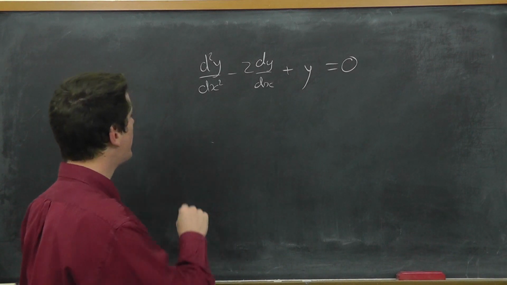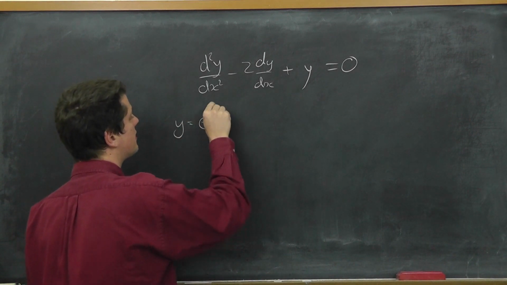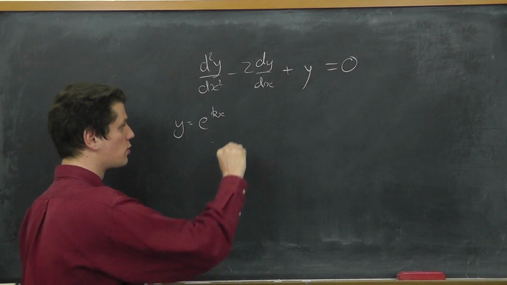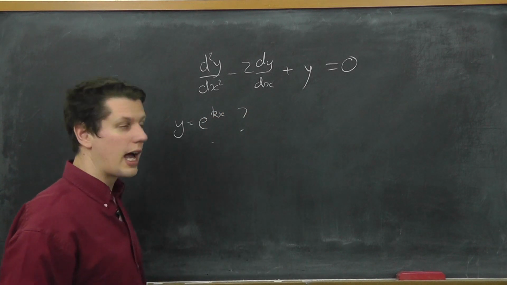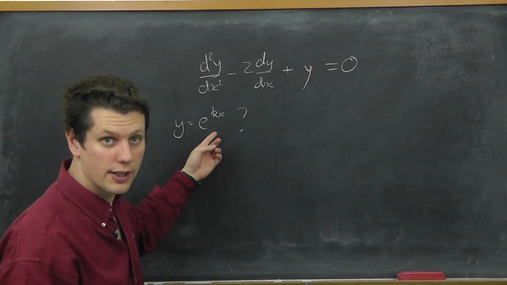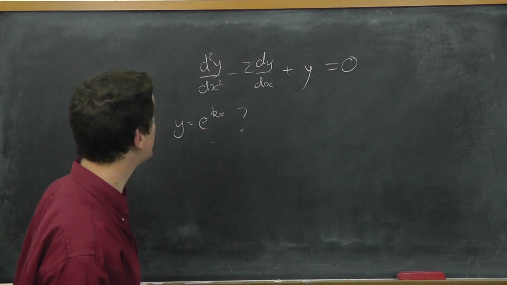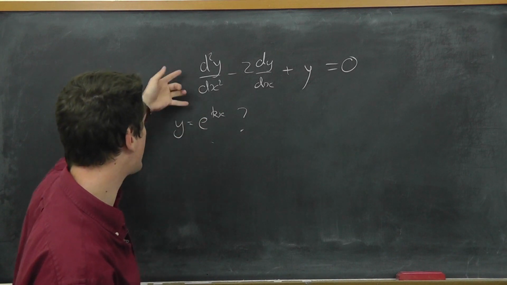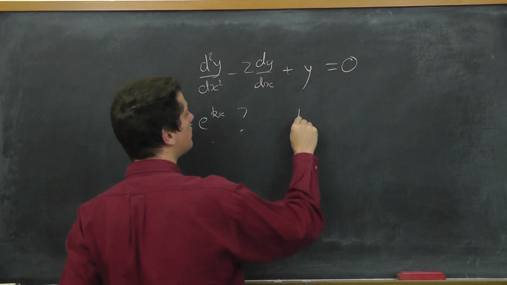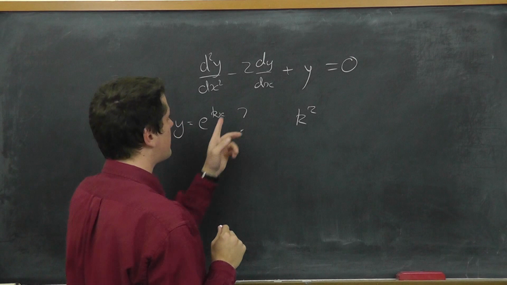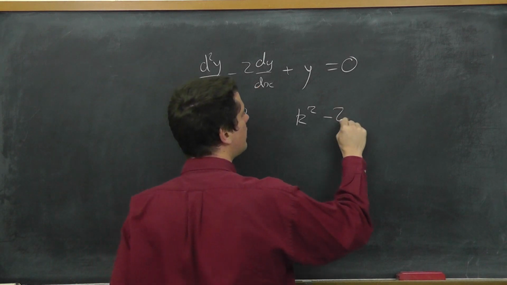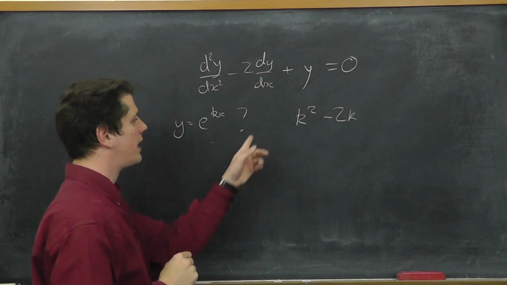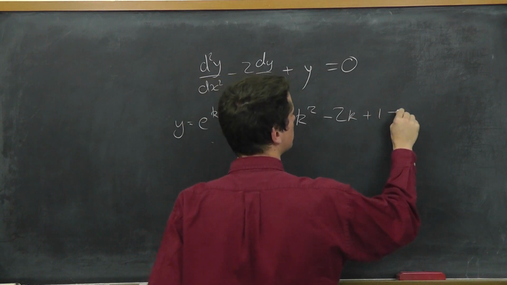So here we guess that y equals e to the kx, as usual, and then we try to find out what k must be by solving an equation. And the equation here, we get a k squared term from here, we get a minus 2k from here, and we get a plus 1 from here.